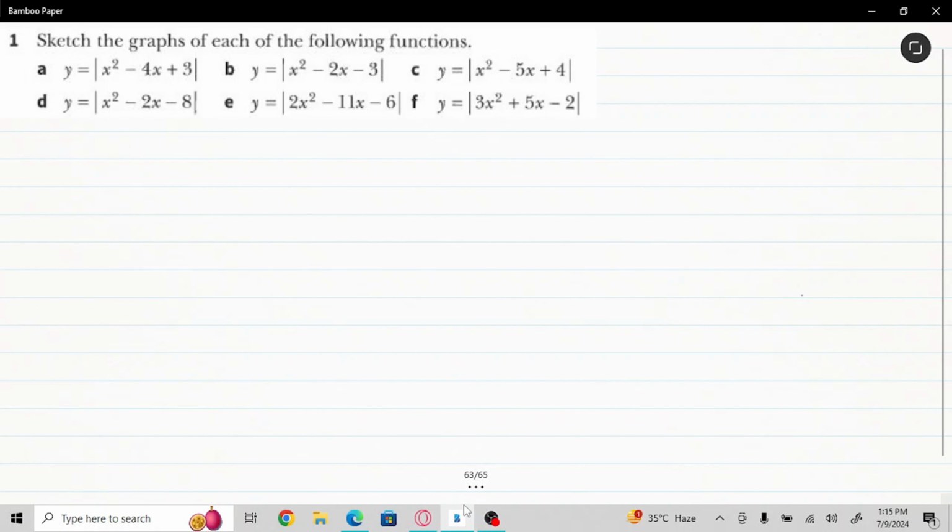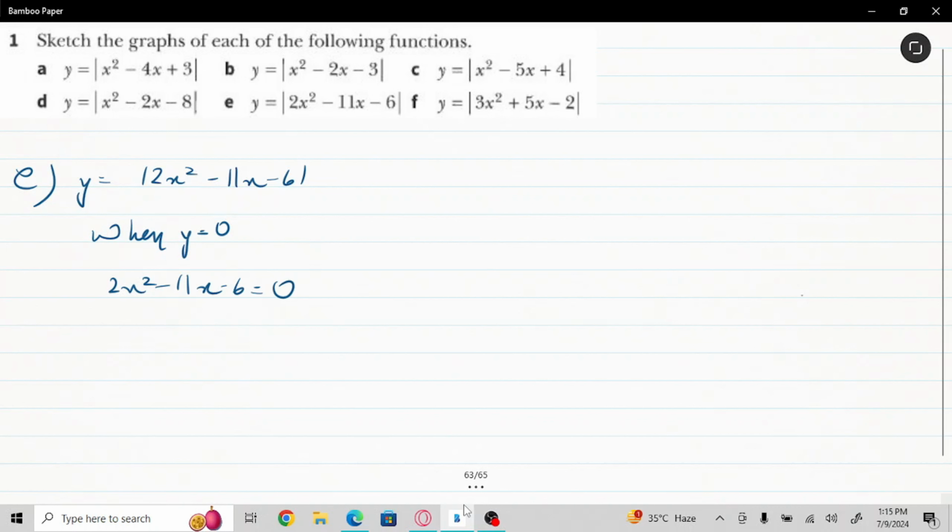Now for part E, we have y equals 2x squared minus 11x minus 6. And what we do next is, first of all, input y equals 0, because we have to find out the points on the x-axis, which are obviously clashing with the curve. So 2x squared minus 11x minus 6 equals 0.